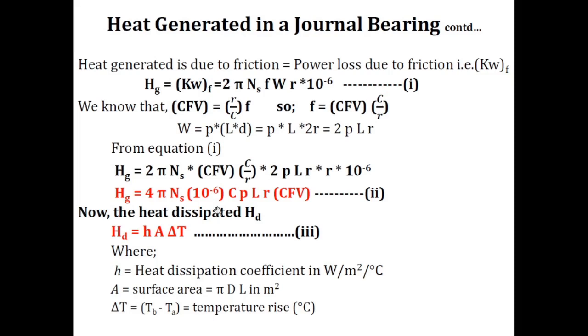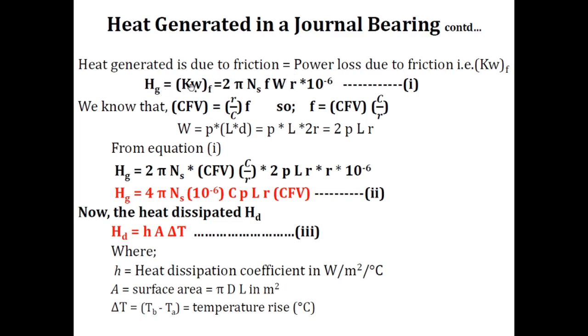So how is this heat generated? We have seen it is because of the fluid friction, or the friction between the two metals, and because of that friction heat is generated. So we can say the heat generated due to friction is nothing but the power loss due to friction.